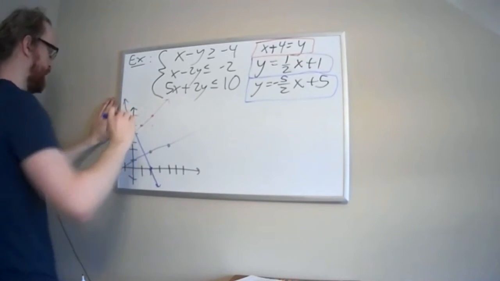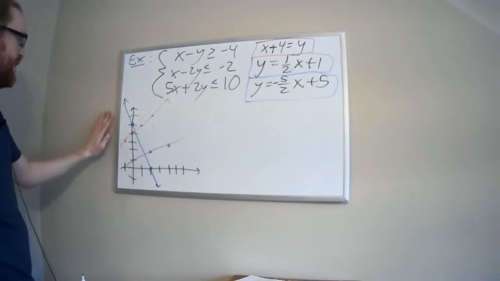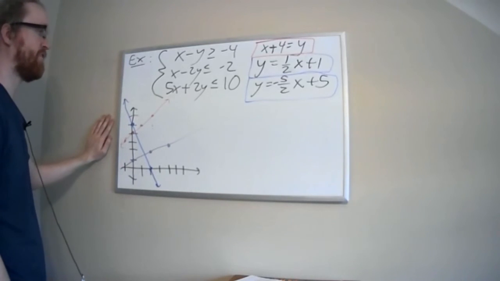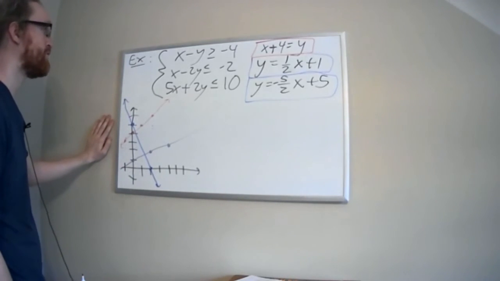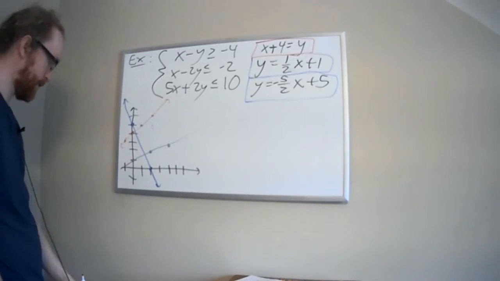Okay. So I think what's going to happen, when I check where the shading is, again, we should test points for each of these to find out where the shadings are. But I think what's going to happen is we're going to be in this slice down here.